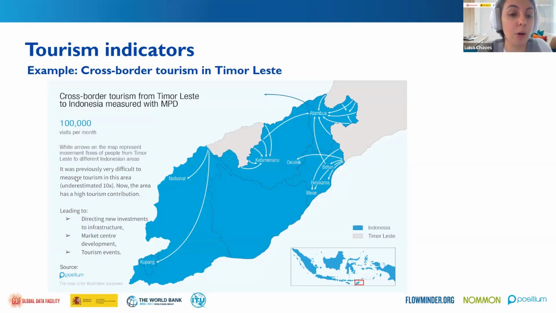As a result, Timor-Leste was recognized as one of the top 5 contributors to visitor arrivals in Indonesia once mobile phone measurements were applied. This insight has been crucial in putting this border region on the tourist map, guiding new investment in infrastructure, tourism development, and cross-border events.